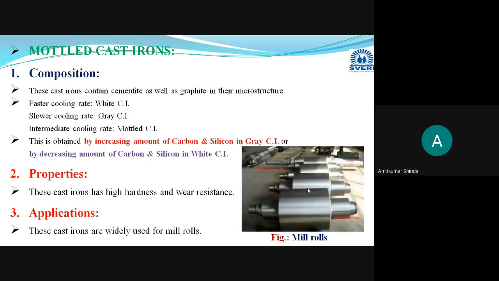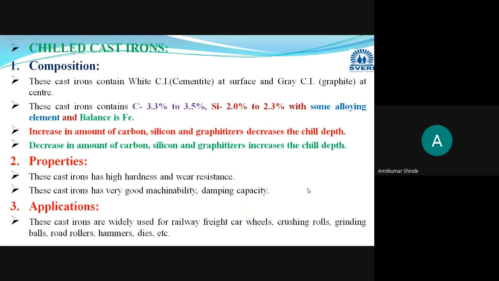Now, after this, the next type of cast iron is the chilled cast iron. Here also you will find a combination of white cast iron, meaning the cementite phase, and gray cast iron, meaning free carbon in the form of graphite.